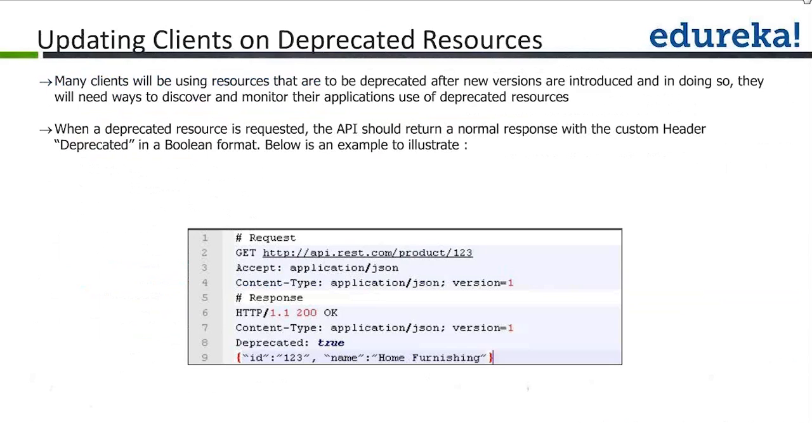So, updating clients on deprecated resources. Again, we were discussing this concept, and this is a good concept. Now the API, the resource, has already been deprecated and you are still trying to access it. So what is happening? Just focus on the arrow. This is a new attribute which I am seeing in the response.